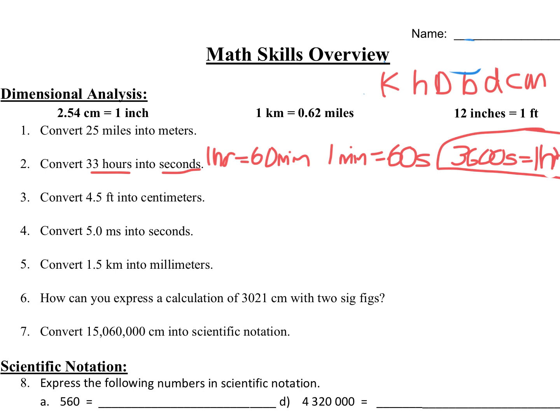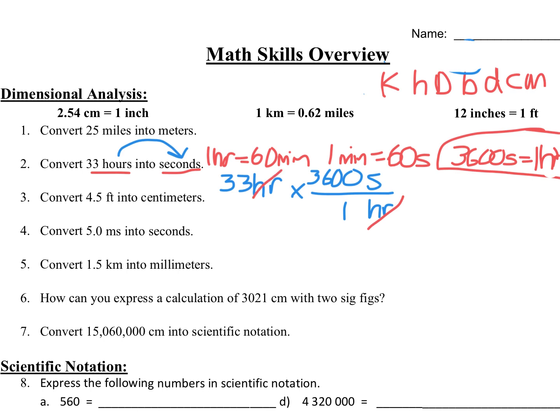Sorry about that. All right, let's go ahead and do it. I'm going to switch colors here. I'm going to do 33 hours. I want to get rid of hours and into seconds. Why? Because that's what it asked me to convert to, hours to seconds. I know for every 1 hour, there's 3,600 seconds. Now quick check. Why is hours on the bottom?